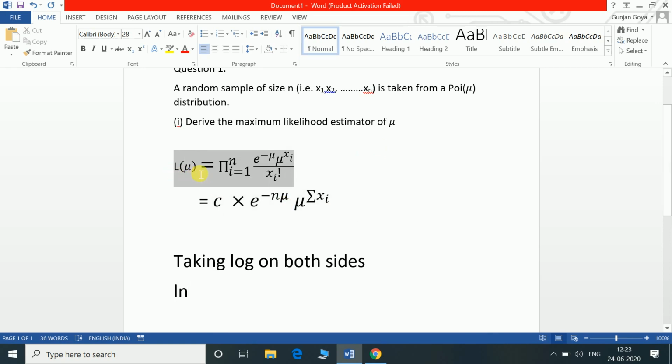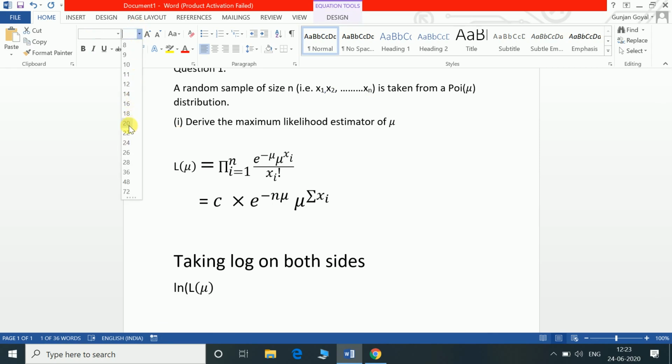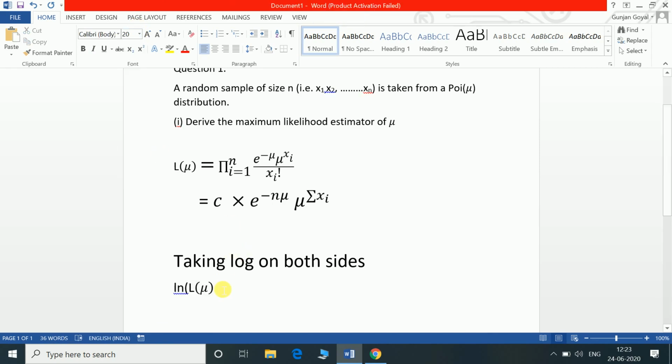This is the log likelihood function. You can obviously adjust the font size for all the values together. So just let me adjust the font size because it has changed. Just keep it to 20 currently, very visible.